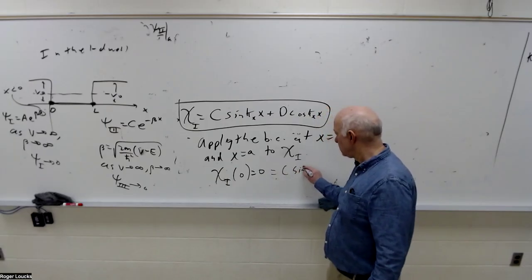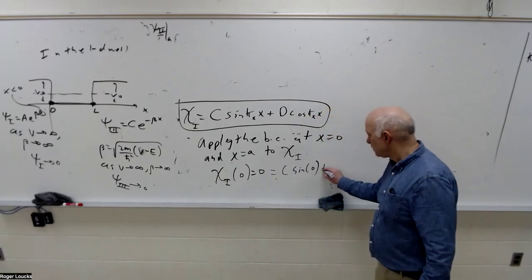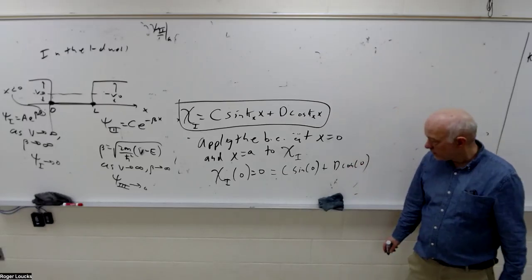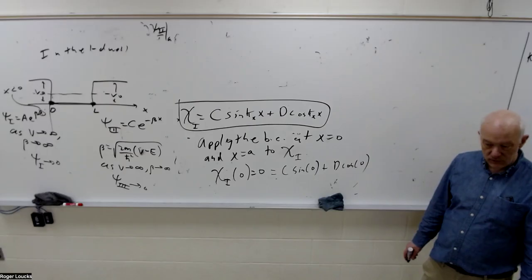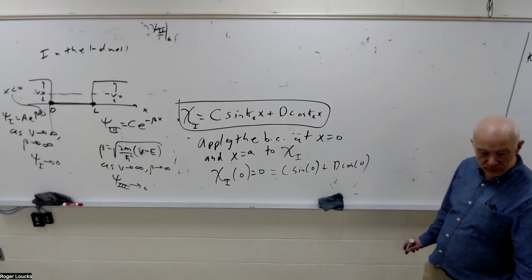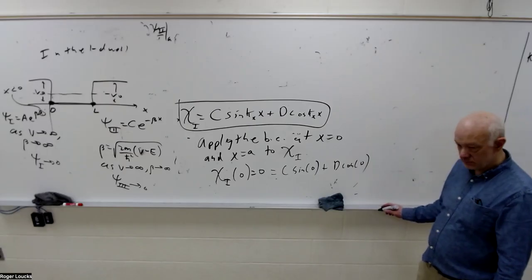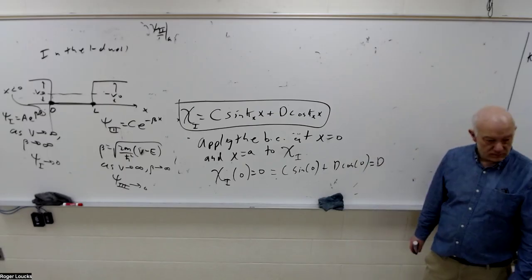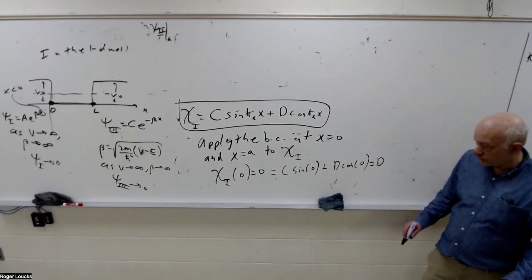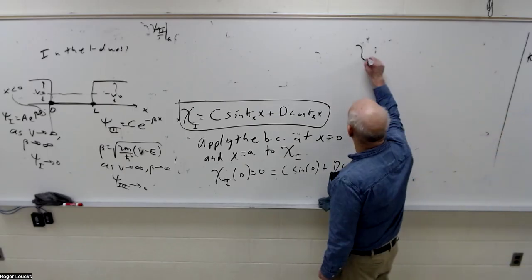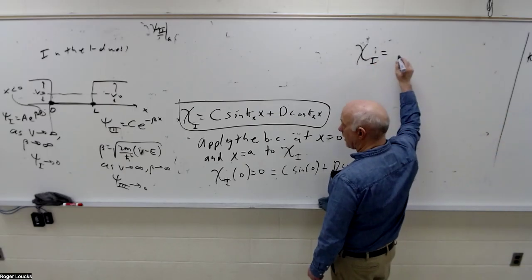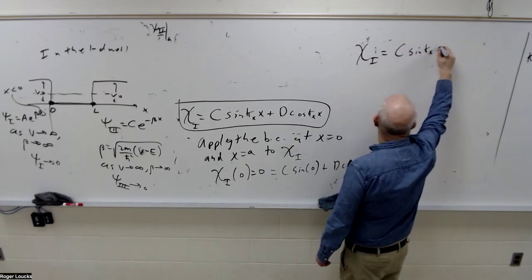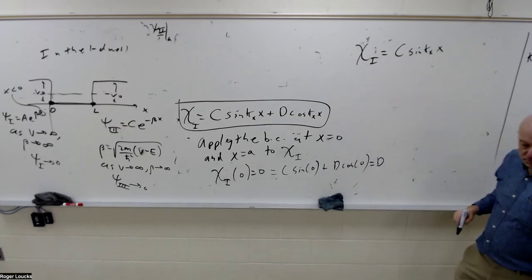C sine 0 plus D cosine 0. Sine of 0 is 0, cosine of 0 is 1. This gives me D. So what does it mean about D? D is 0. So that tells me that my chi inside the box is C sine kx x.